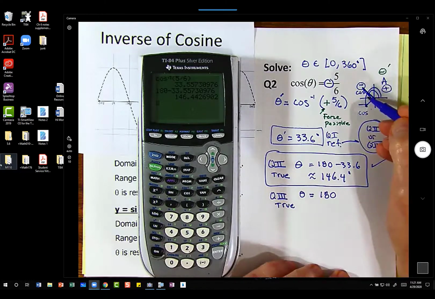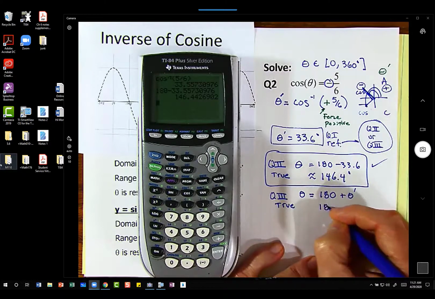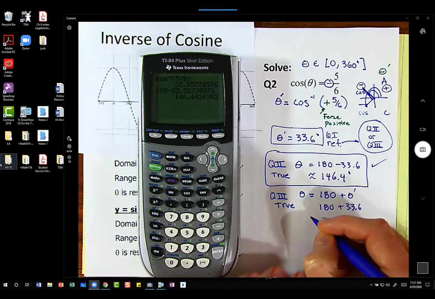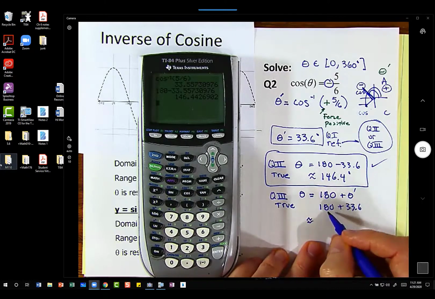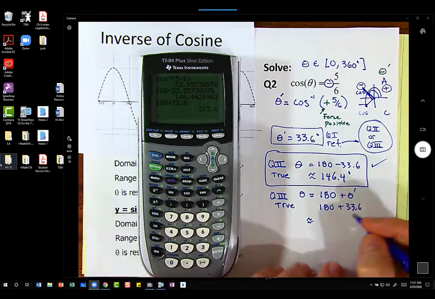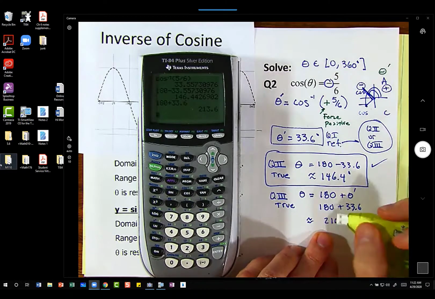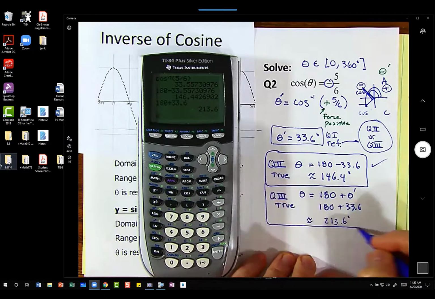Well, we went 180 plus the reference angle. So it's 180 plus the 33.6. And that's going to be, these are approximates now, 213.6 degrees. Second solution.